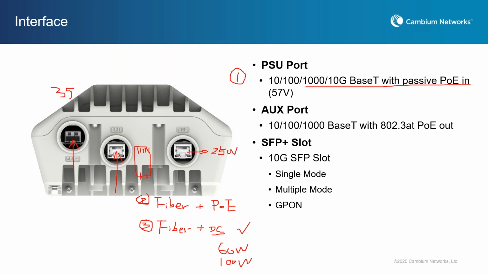Considering the cable, we normally put in a little more buffer, so call it 30 watts. So if you're using PoE out, go with the 100 watt AC/DC power unit. If you're not using PoE, the 60 watt AC/DC power unit will be good enough. So let's just talk about this DC power.